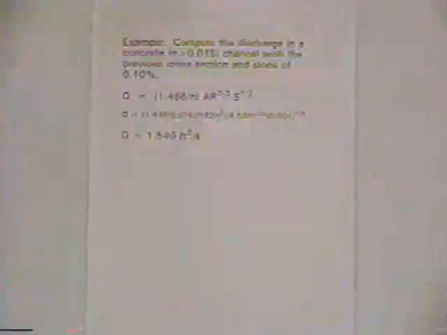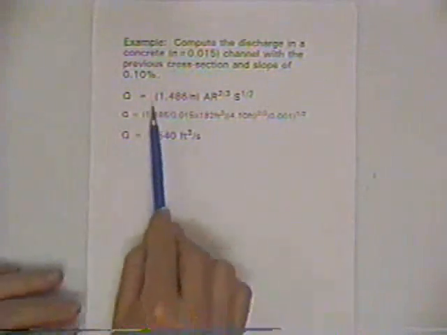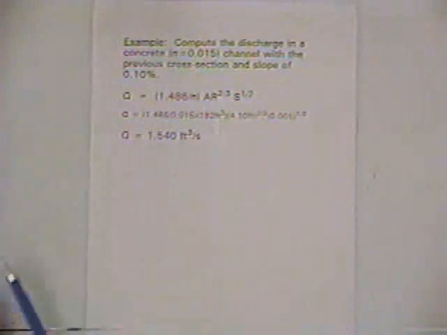So this problem says compute the discharge in a concrete channel with an n of 0.015, with a given cross-section and slope of 0.1%. And this just gives us a problem to plug the numbers into the Manning's equation. And so we reproduce the Manning's equation here.